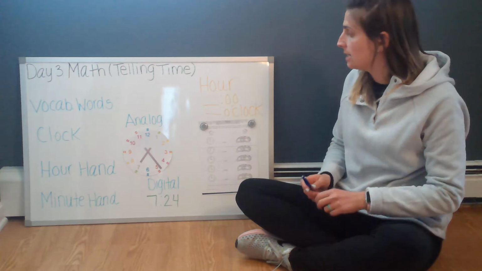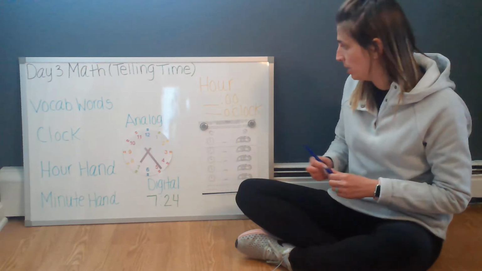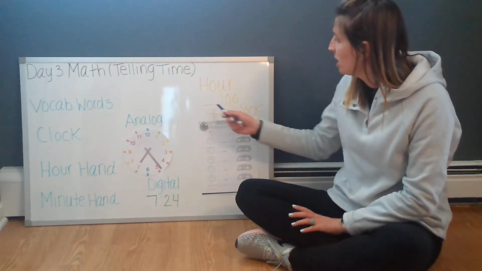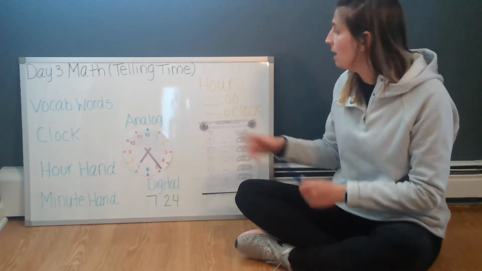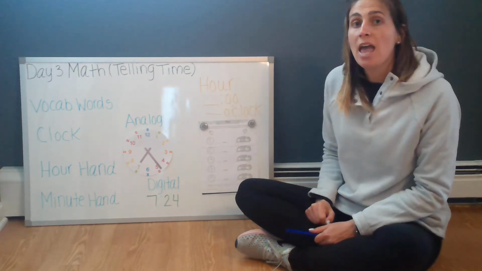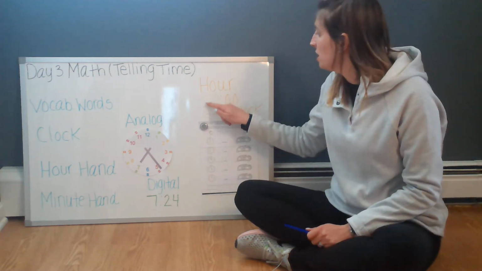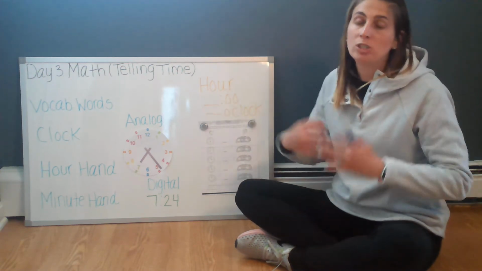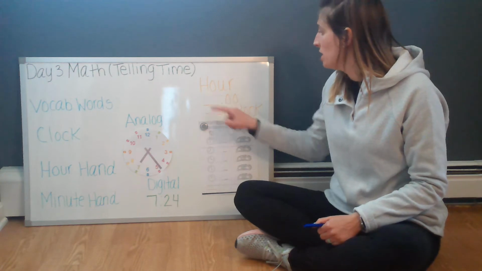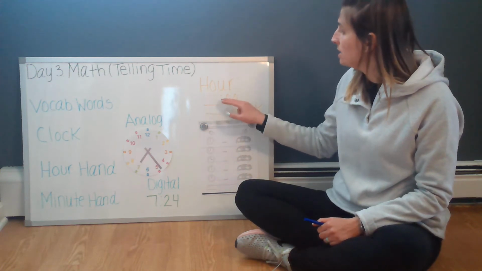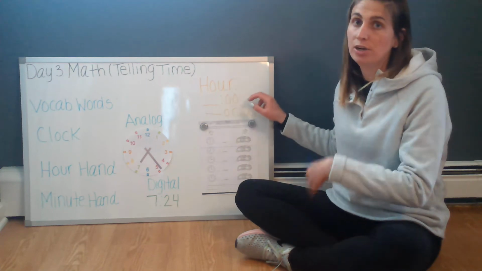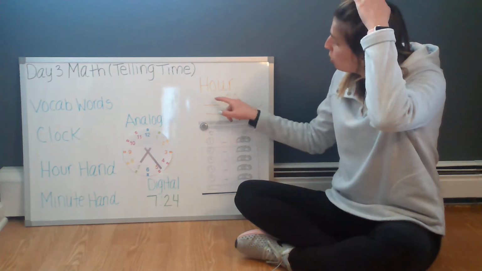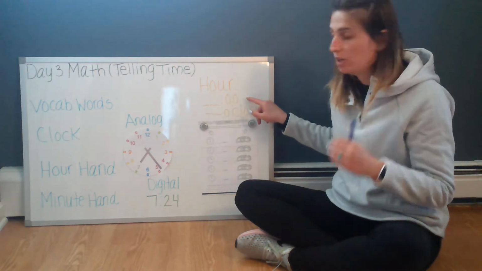So we can see time two ways on the hour. We would see time written as blank o'clock. So if it's 8 o'clock, there would be an 8 here. If it was 12 o'clock, there'd be a 12 here. If it was 3 o'clock, there would be a 3 here. So it might be 3:00 for 3 o'clock, 8:00 for 8 o'clock, or 12:00 for 12 o'clock.